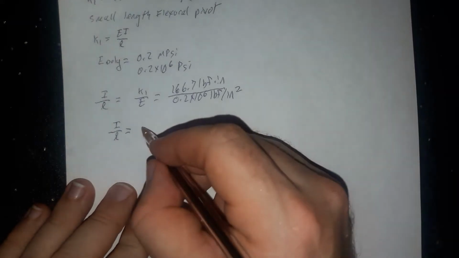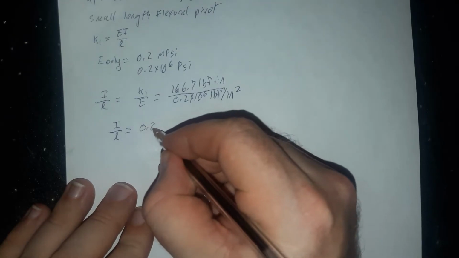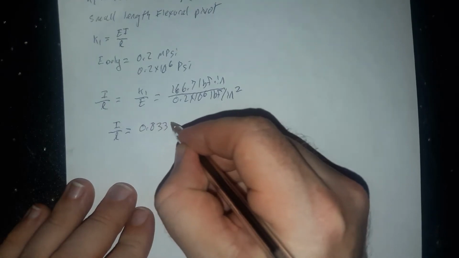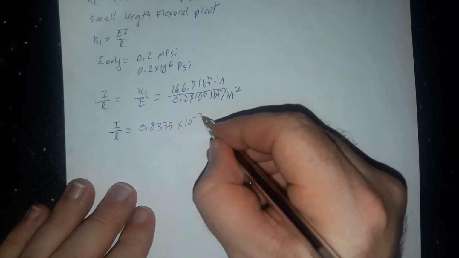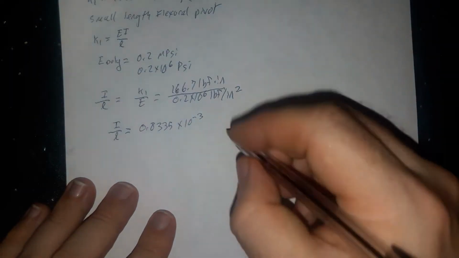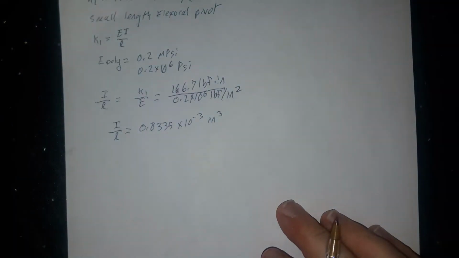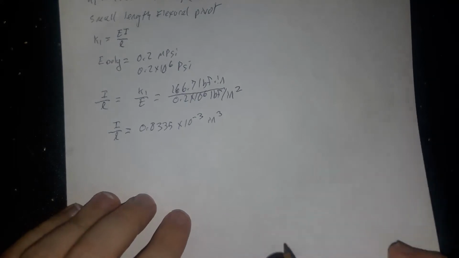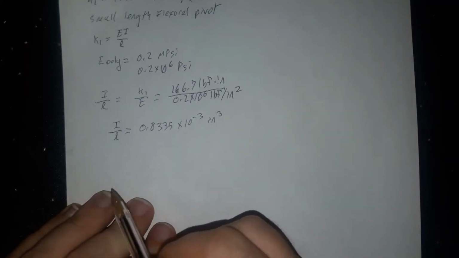It's equal to 0.8335 times 10 to the minus 3 inches cubed. Okay, and so it's got units of inches cubed, and that makes sense since I has units of length to the 4th divided by length.